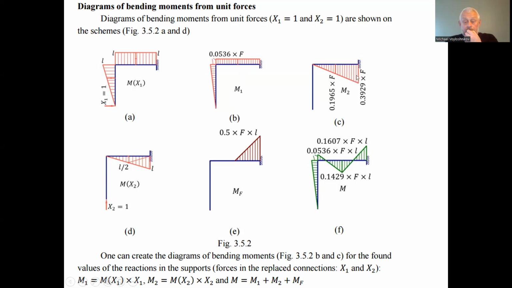So for this definite point, we subtract from this. These are diagrams of other signs. As for developing the bending moment diagrams, the rule of signs of bending moment is relative.